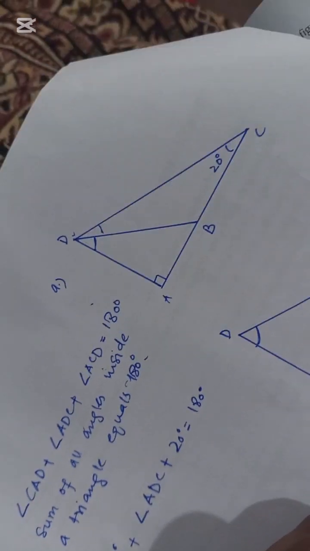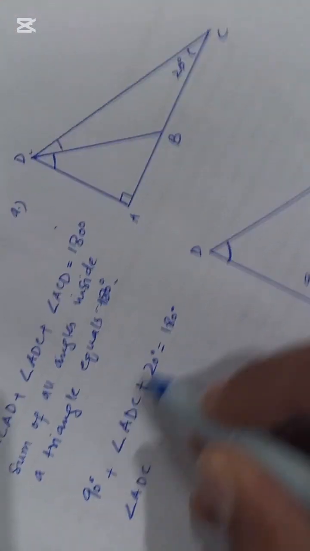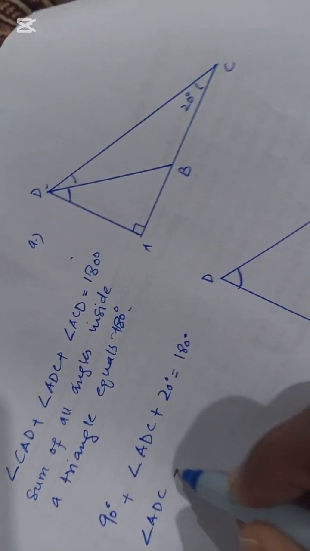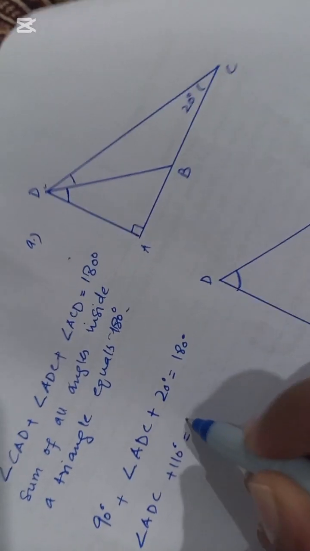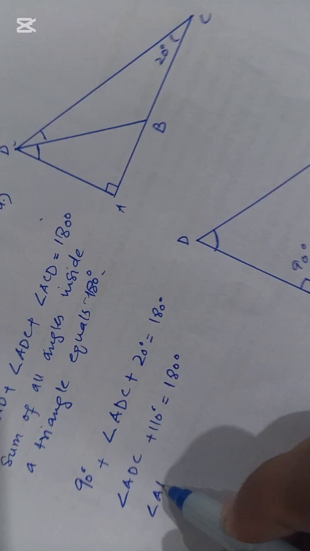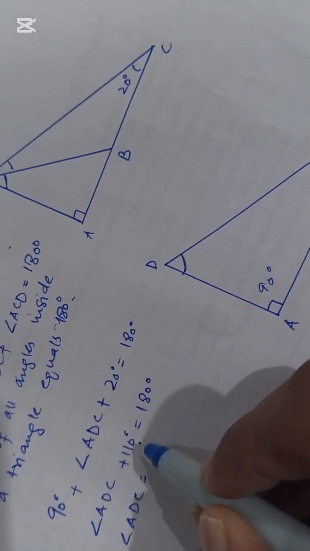So now I'll write angle ADC, and I'll sum these both, so 90 plus 20 equals 110, right? So plus 110 degrees equals 180 degrees, right? So now angle ADC equals, here 110 is positive, right?